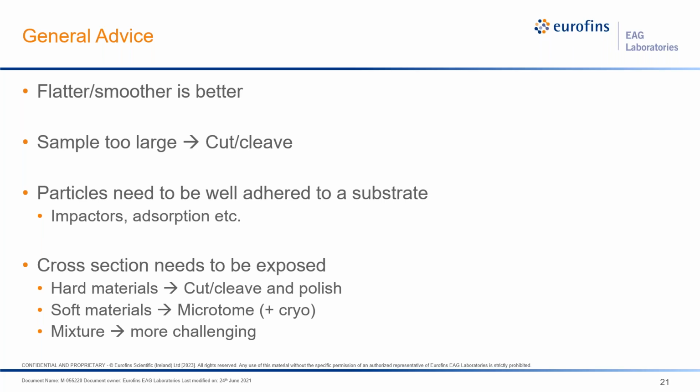So the general rule of thumb for this technique is the flatter and smoother you can get your sample, the better the quality of the data and resolution will be. If your sample is too large to fit inside of the chamber, or it bumps with some of the optics or hardware within it, then you just have to cut and cleave it so that it fits according to shape.